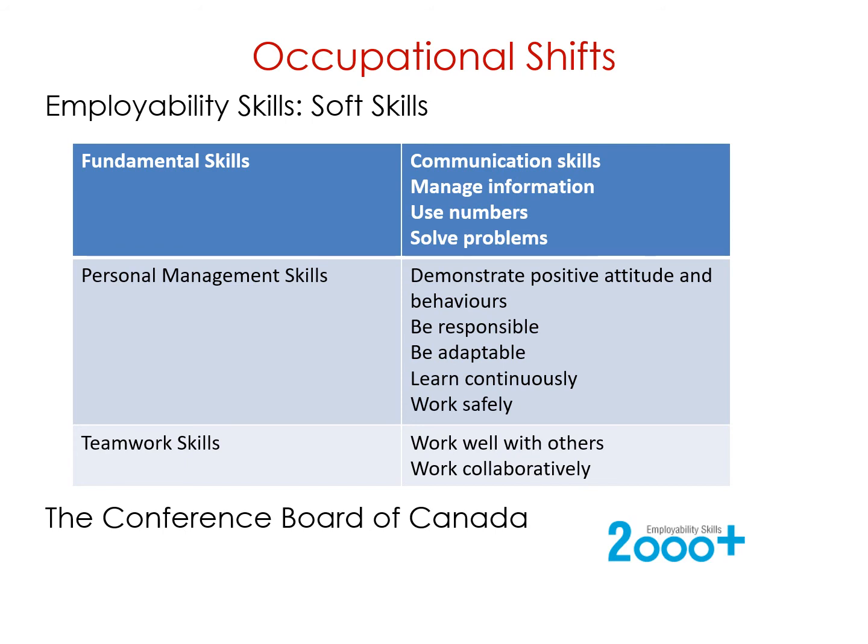In personal management, it's the attitudes and behaviors, being able to be adaptable and responsible, to continuously learn. In terms of teamwork, do they work well with others? Because when we hire staff for these types of soft skills, then if things change within our organization, if the technology changes, I know that I have hired somebody that will adapt well to those changes within those organizations.